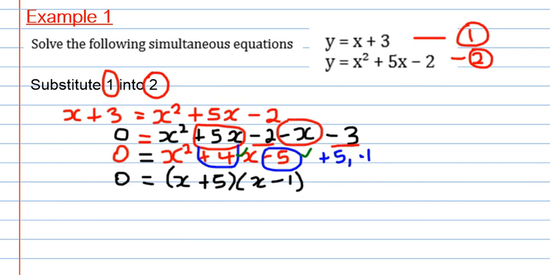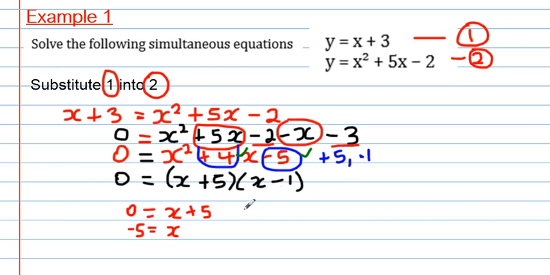Let's use another color, maybe red again. Okay. So 0 equals x plus 5. We do it one at a time. All right. So if we solve for x here, it means x is minus 5. We do the same thing to this bracket.